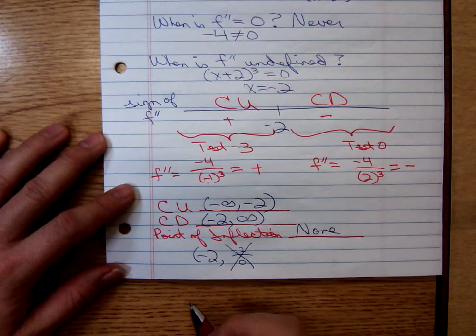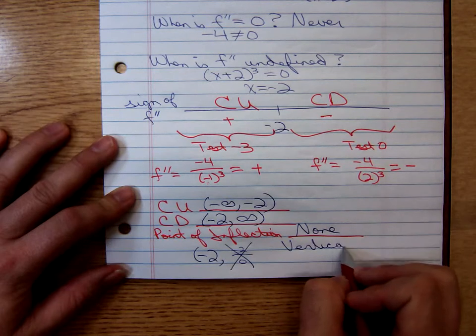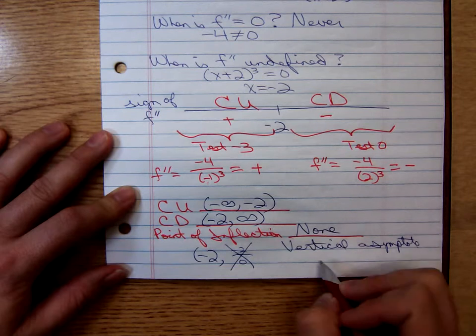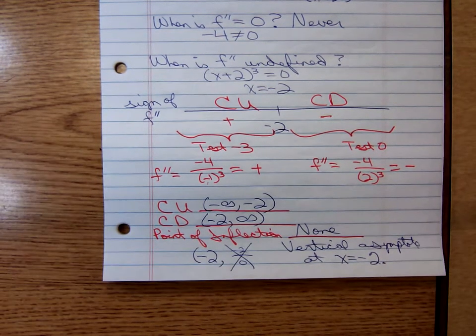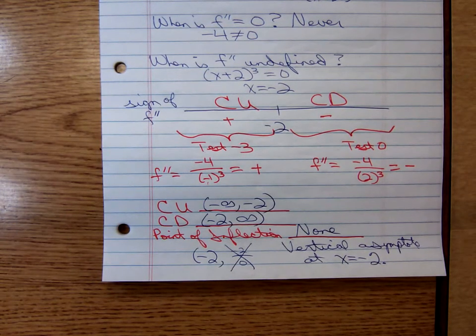What's happening at x equals negative 2? We have a vertical asymptote at x equals negative 2. And a graph can change concavity on either side of a vertical asymptote. Any questions there?